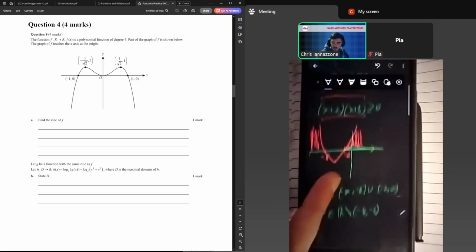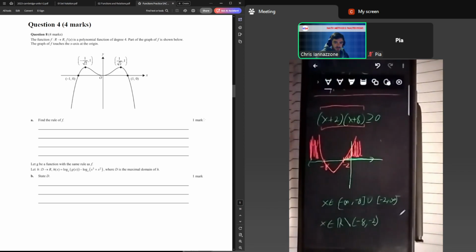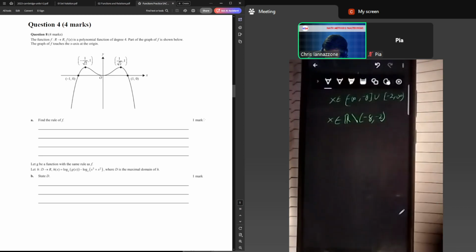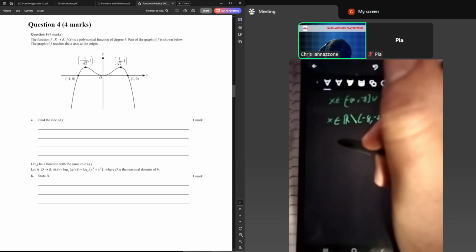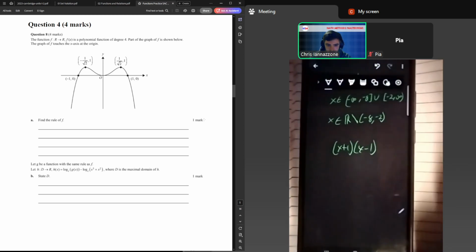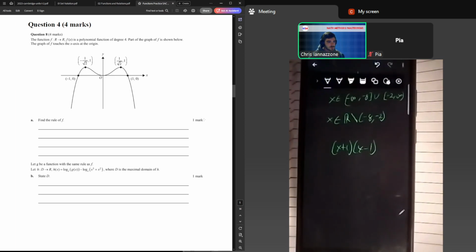Like if you look back at maybe the handwritten bit, we had our x plus 2, x plus 8, and those corresponded to -2 and -8 on the x-intercepts. It's the same thing here, where our polynomial cuts through plus and minus x equals 1. And so that means that when we do our bracketed terms, or at least part of them, we're going to have x plus 1 and x minus 1, definitely as part of it. Fair enough so far?